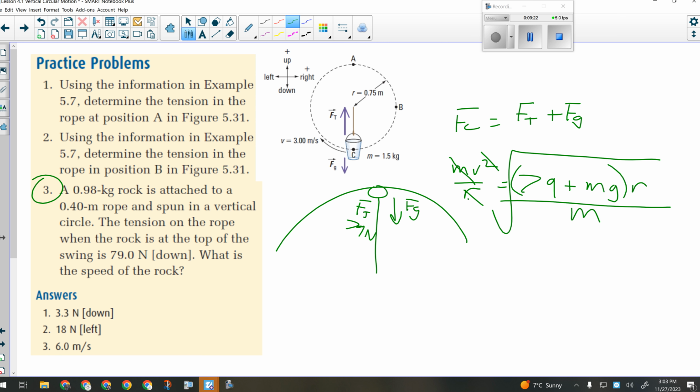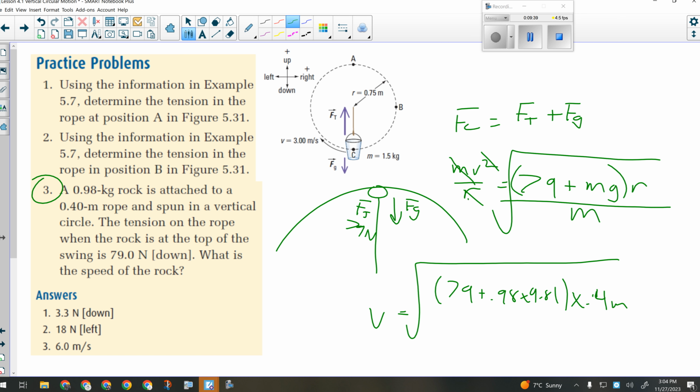you guys can't handle. Okay, so v is going to be then the square root of 79 plus 0.98 times 9.81 times 0.4 meters, the radius of 0.4 meters, divided by 0.98 kilograms.